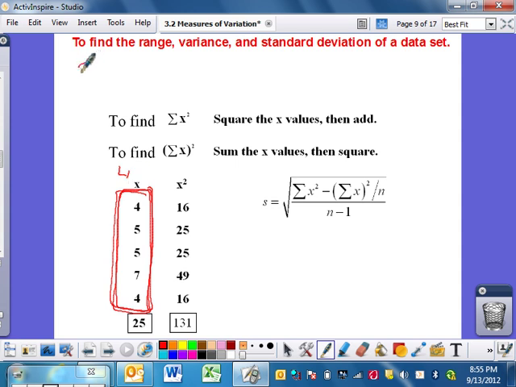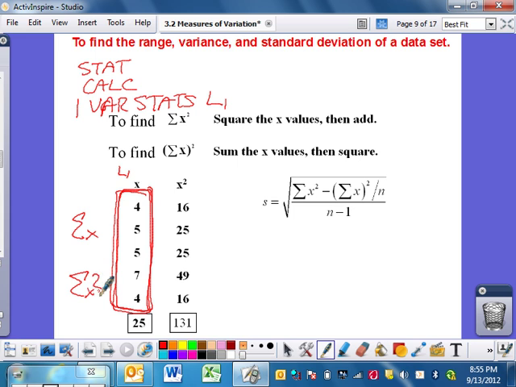Go to STAT, calculate, and do 1-Var Stats, then L1, and push enter. You should find the sum of x and the sum of x squared in there. This 25 and this 131 should show up right away. All of that's in there.